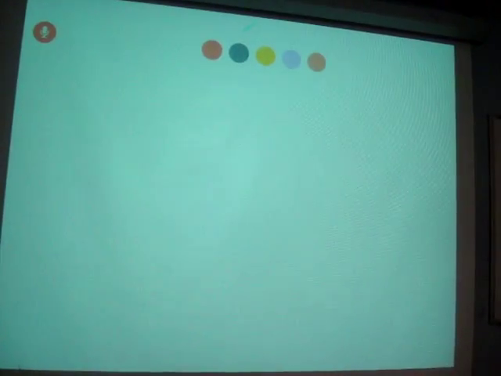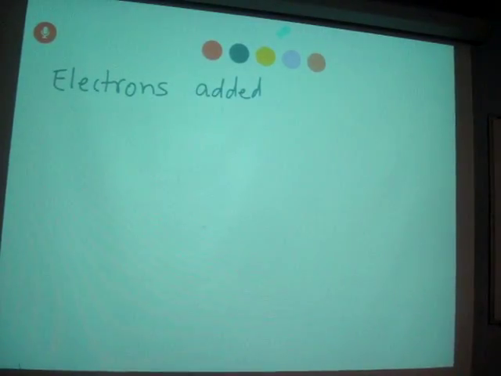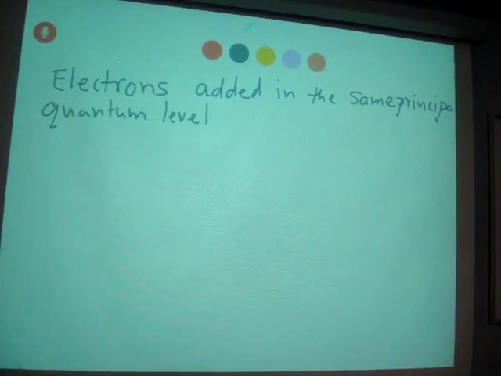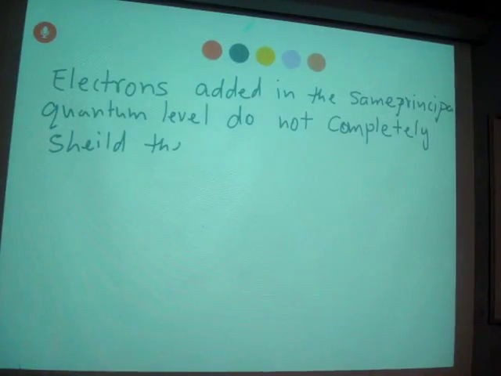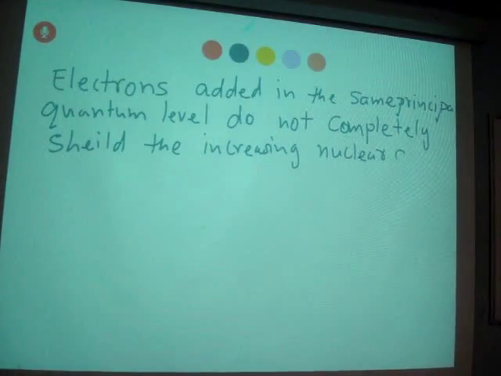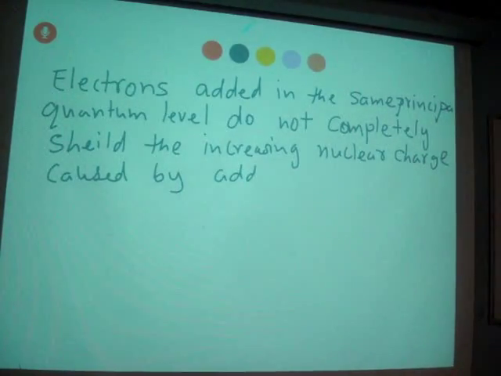So again, I'm going to write that explanation. Electrons added in the same principal quantum level do not completely shield the increasing nuclear charge caused by added protons.